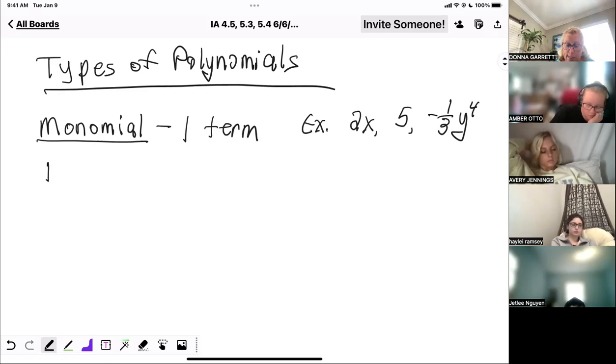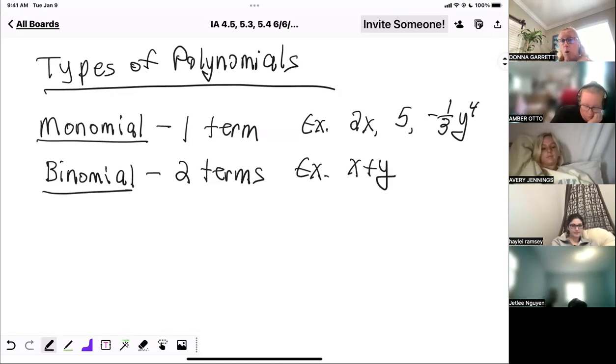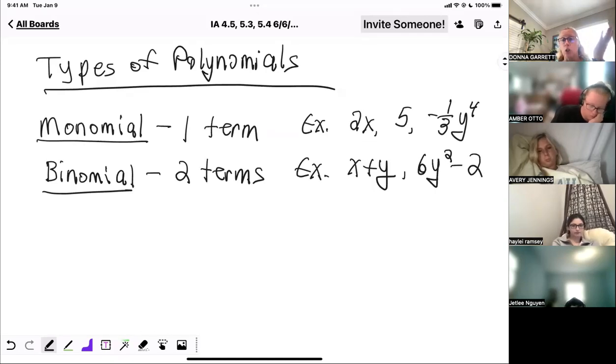The next one is a binomial, bi meaning two. So it'd be two terms. So you should see 1 plus or 1 minus between them. Example, x plus y, two terms. I have one adding, x is my first term and y is my second term. I have 6y squared minus 2, again, two terms. 6y squared is my first term and -2 is my second term.